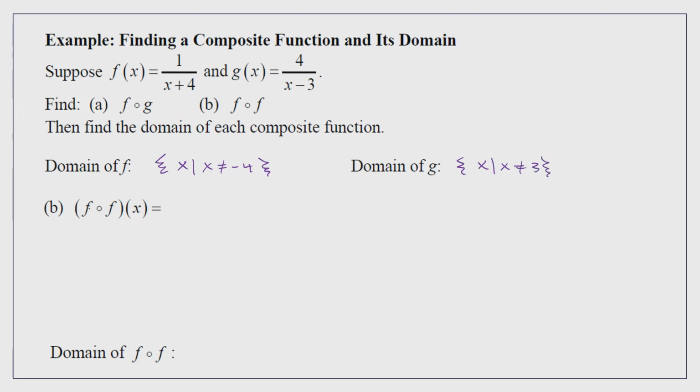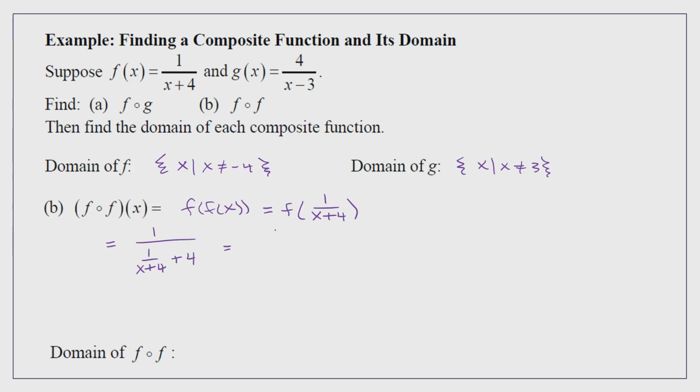So f composed with f of x means we're substituting the function f into the function f. So f of 1 divided by x plus 4. This would be 1 over x plus 4 plus 4.